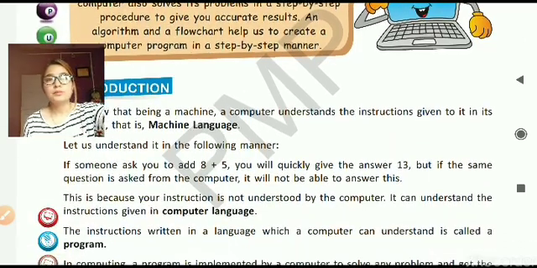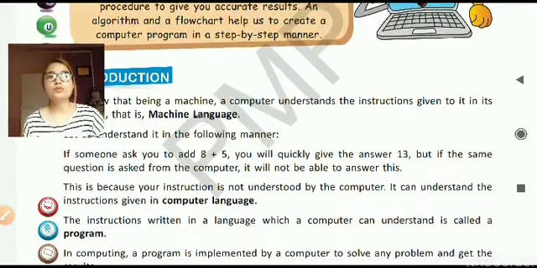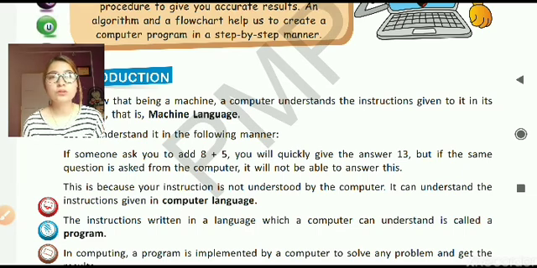For example, if someone asks you to add 8 plus 5, you will quickly give the answer 13. You will use the formula or the operator plus, addition. But if the same question is asked to a computer, it won't be able to answer because we are asking a maths question.